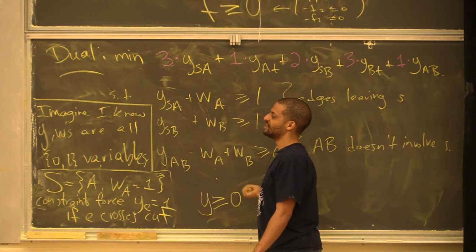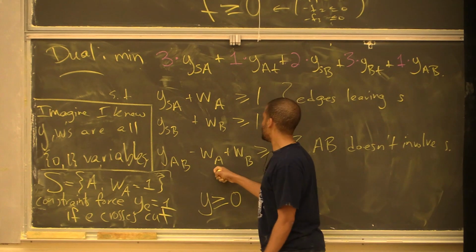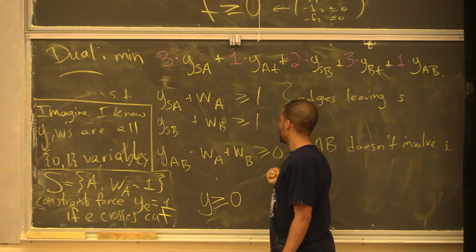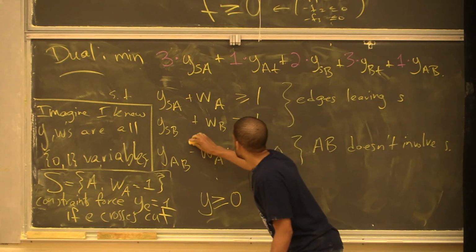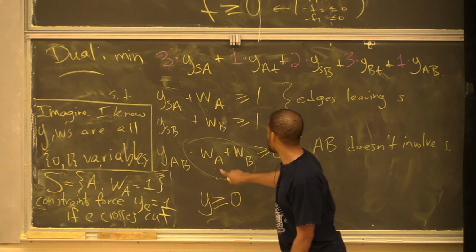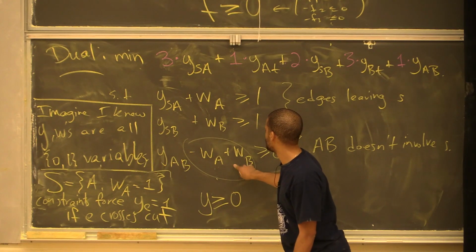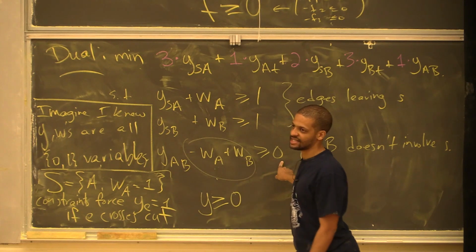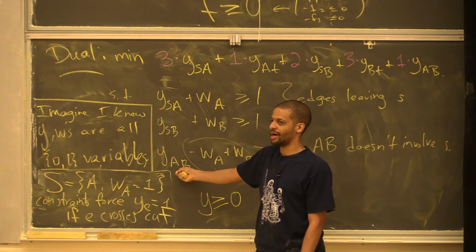They're either both 1, both 0, A is 1 and B is 0, or A is 0 and B is 1. In 3 of these cases, this part alone is already non-negative, right? So for example, if it's 0, 0, or 1, 1, or 0, 1, then this is either 0 or 1, so it's at least 0. So I'm not forced to set this to be 1.